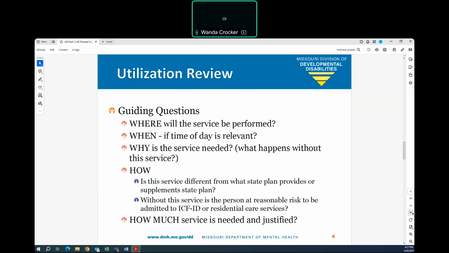That's an exorbitant amount of service for queue and prompt. Chances are, if someone needs someone to stand over them 80 hours a week, they need more than just queuing and prompting. They need personal assistance. So describe and justify, connect again the dots, how much with your justification. Paint that picture.